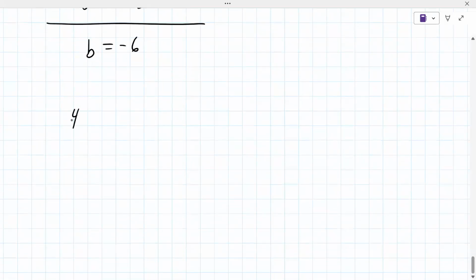Let's say it's 4 equals 2 times -1 plus b. Okay. So before you can solve for b, you have to do this multiplication. What would that become if you did that multiplication? -2. Okay, so now it's 4 equals -2 plus b.